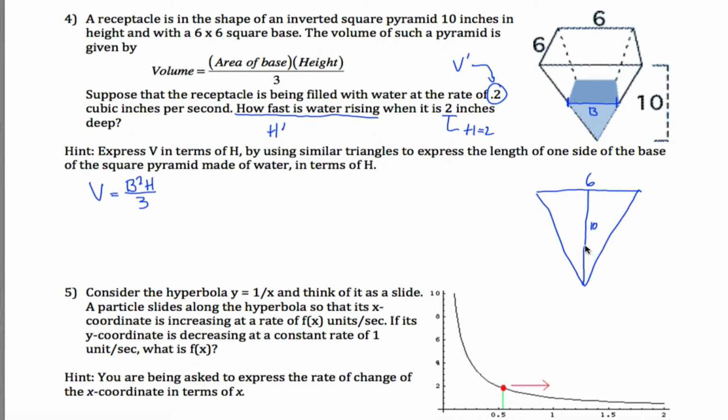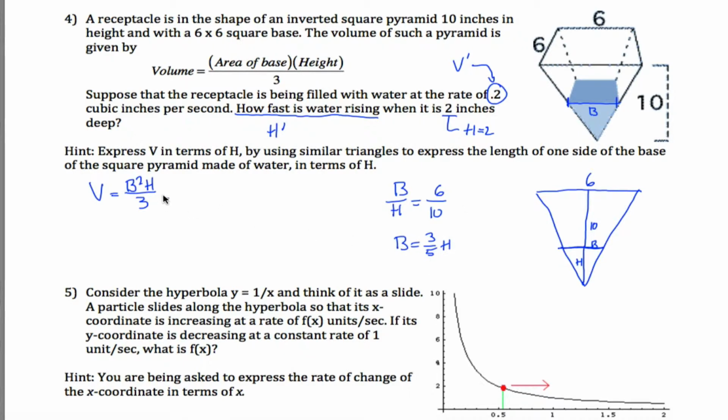And on these smaller triangles, I have that this is H and this is B. And using similar triangles, I want to get rid of the B's. So I will say B divided by H must be equal to 6 divided by 10. I should be careful here. B is the length all the way across, so that's B right there. So that tells me B is equal to 6/10, aka 3/5 of H.